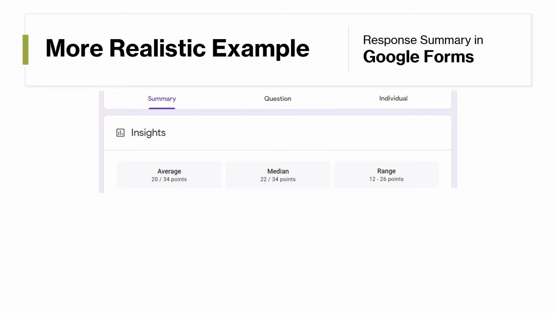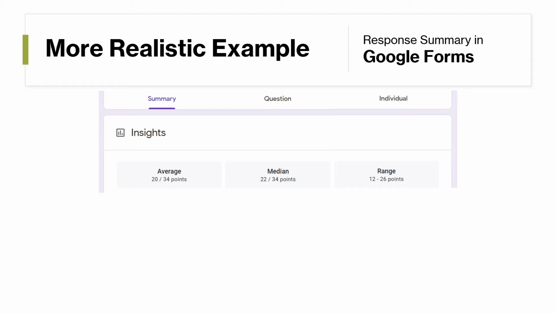In that case, we'll have to use the next information given in the Summary tab. That's range. What is the minimum and maximum value? Now I know that nobody in the class did really badly in the exam, and some did really well, but no one scored all 34.